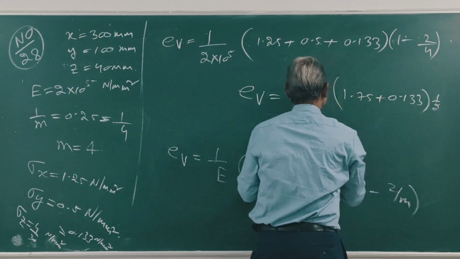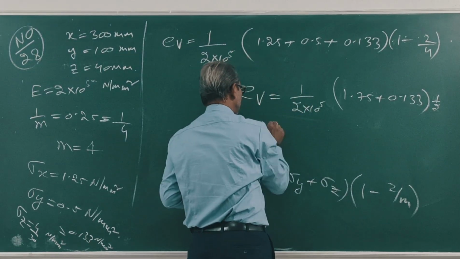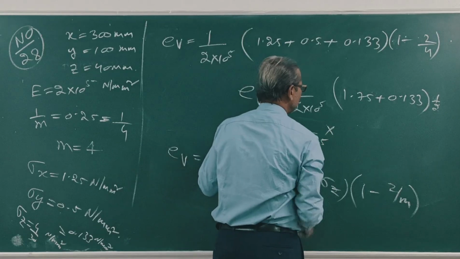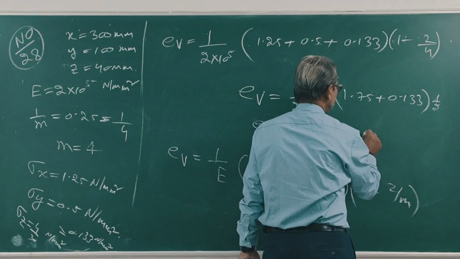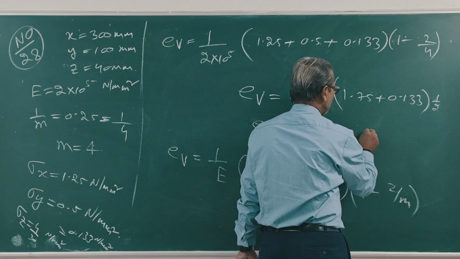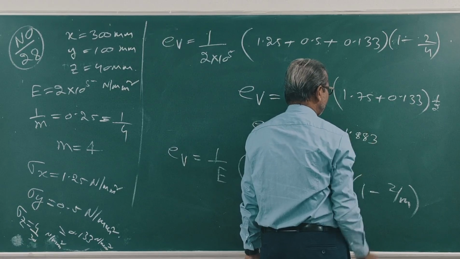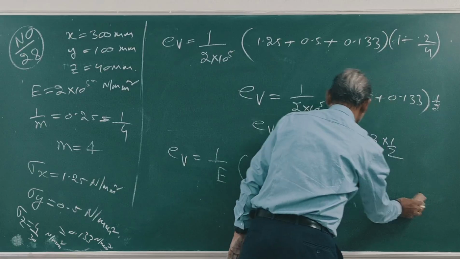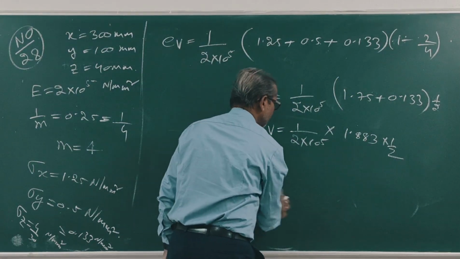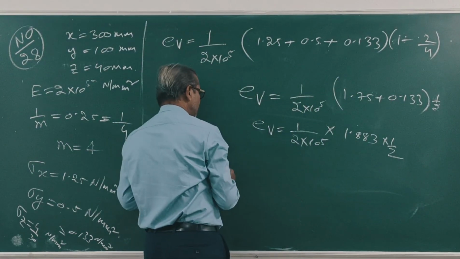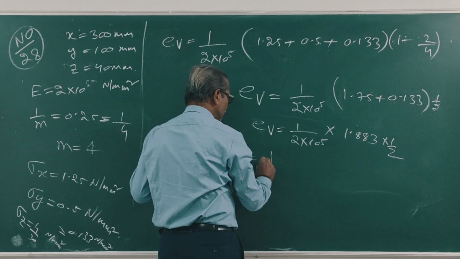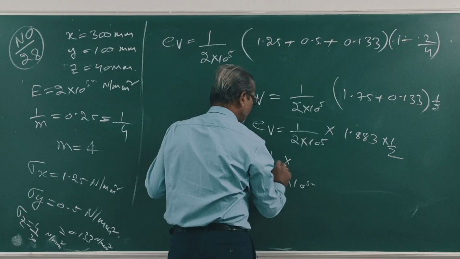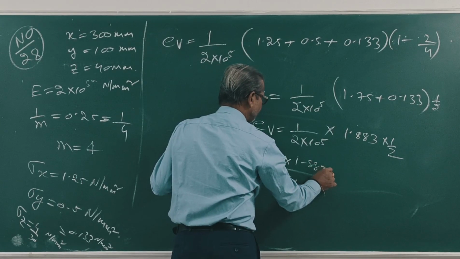Right? This will be equal to 1 by 2 into 10 to 5 into 1.883 into half. Clear? This implies EV is equal to 1 by 4 into 10 to 5 into 1.883. This is EV.